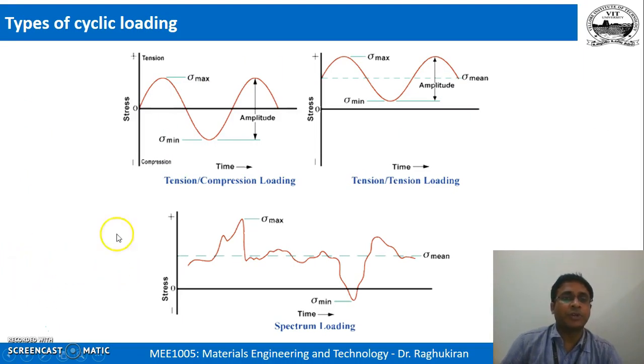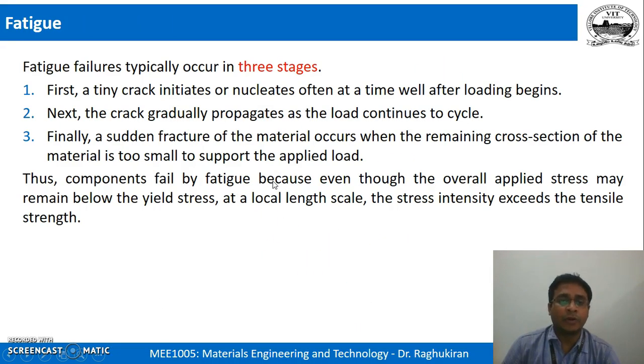Even before that, you can see the types of loads that we may have. It is a cyclic load. That means you have positive tensile and compression, like a reversal of load. Similarly you may have all positive, all tensile load, but change in the load amplitude, or it may be completely a random load. In all these cases you are applying a cyclic load.